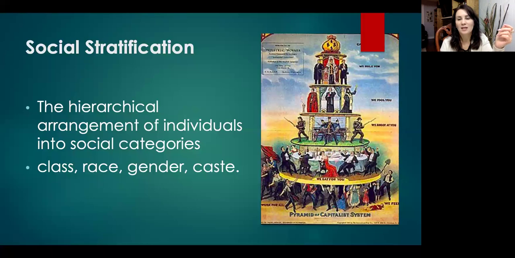So in society, this one is from the Pyramid of the Capitalist System, one of the very famous writings. Most of the people who do the work are at the bottom over here. They work very hard, and the big part of their money goes to what in Marxism they call surplus value. So if they are spending $10 on raw materials and $10 on labor, they are making another $20 on top of it.